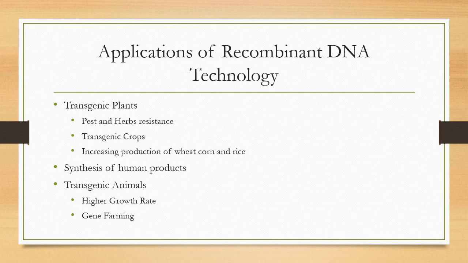Foreign genes are transferred to cotton, corn, and potato, and the cells of these transgenic plants produce an insect toxin, so these plants become resistant to pests.